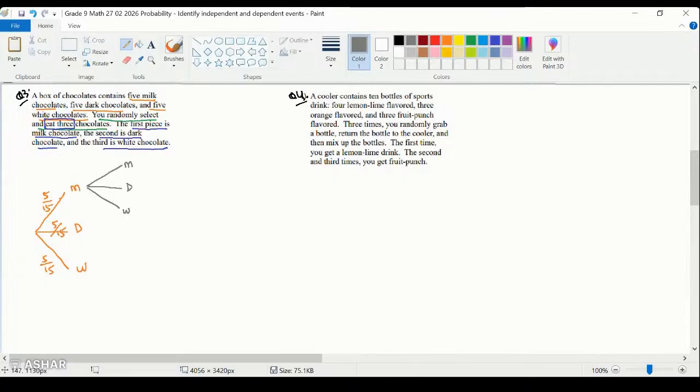There were 15. Now there are 14 in total because you ate 1 milk chocolate, right? The milk chocolate was 5. Now there are 4 left. But you did not eat a dark. You did not eat a white. So the question says, you ate first a milk chocolate, the second one was a dark chocolate, and the third one was a white chocolate. Agreed?